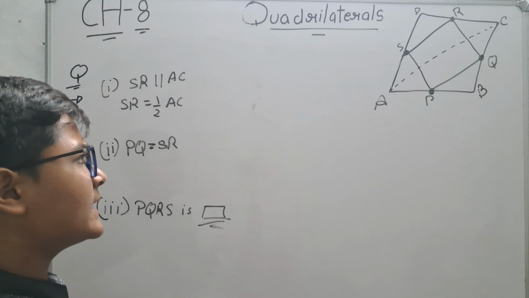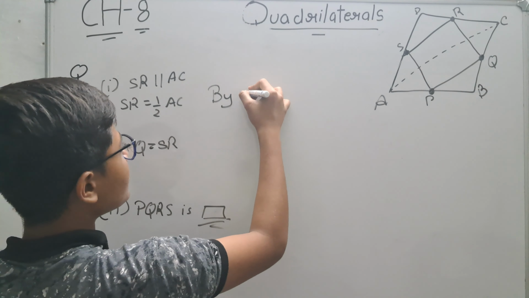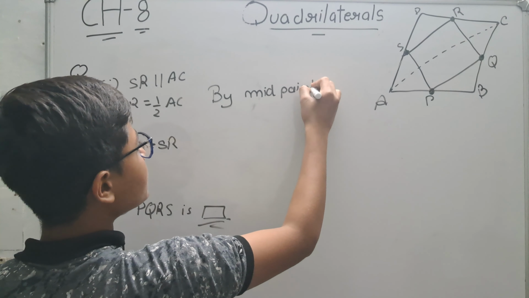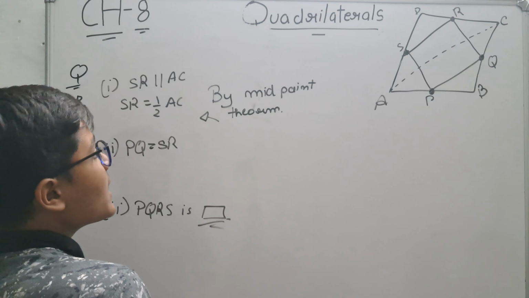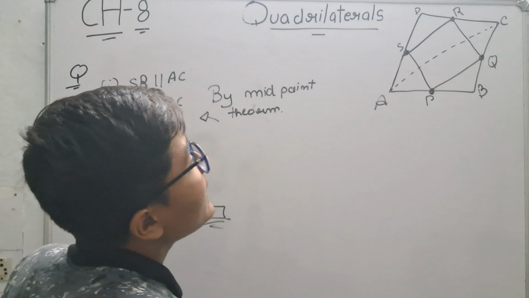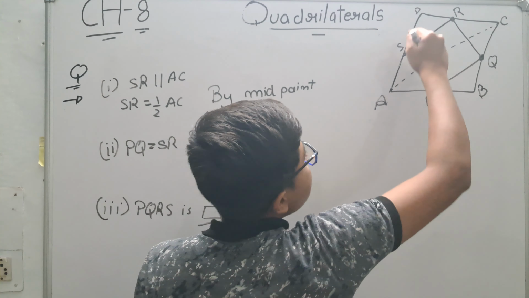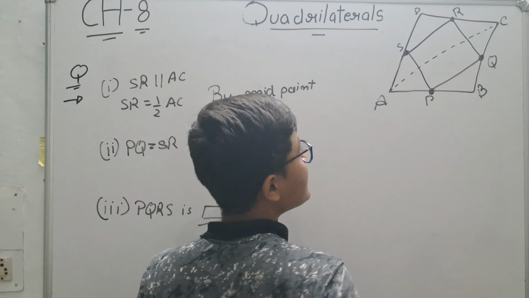So we can write by midpoint theorem. Okay, by midpoint theorem, how can this happen? You can see that A and D are aligned and S is the midpoint of AD, and C and D are aligned and R is the midpoint.